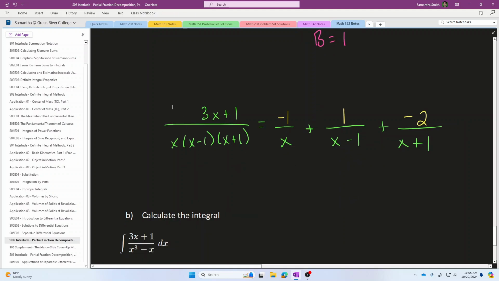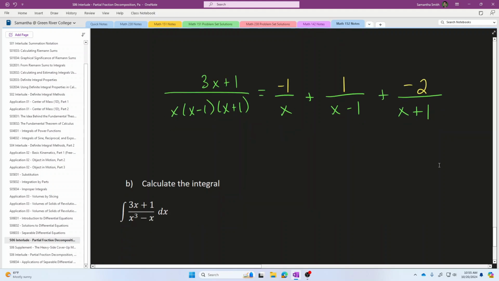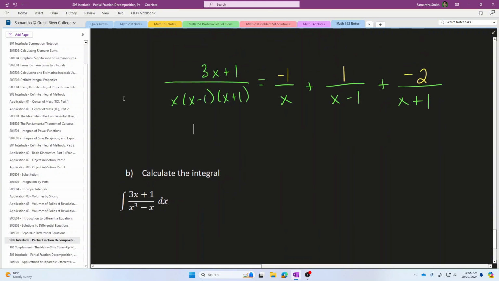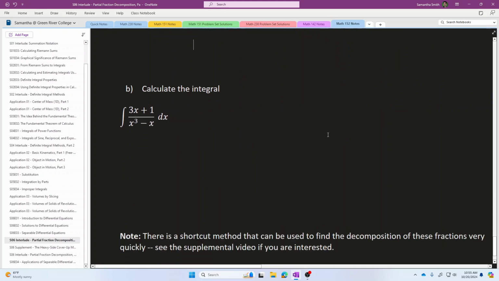Now that we know how to rewrite this complicated fraction as a sum of simpler fractions, all that we have to do, if we were asked, for example, to integrate this guy on the left side, is to rewrite it, first of all, in terms of its decomposed version on the other side of the equation.